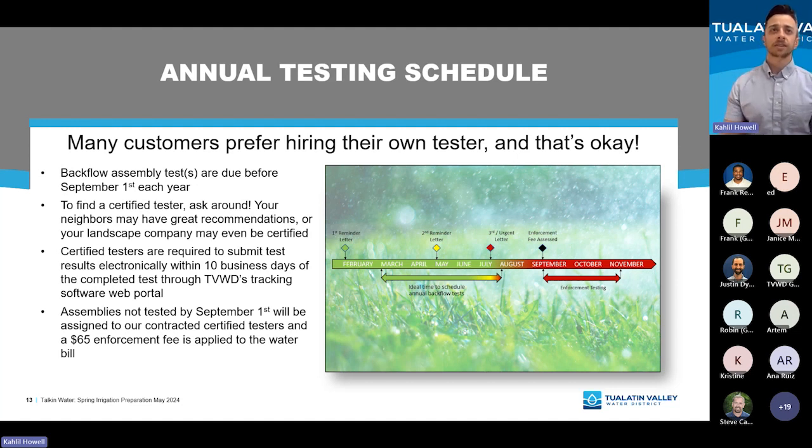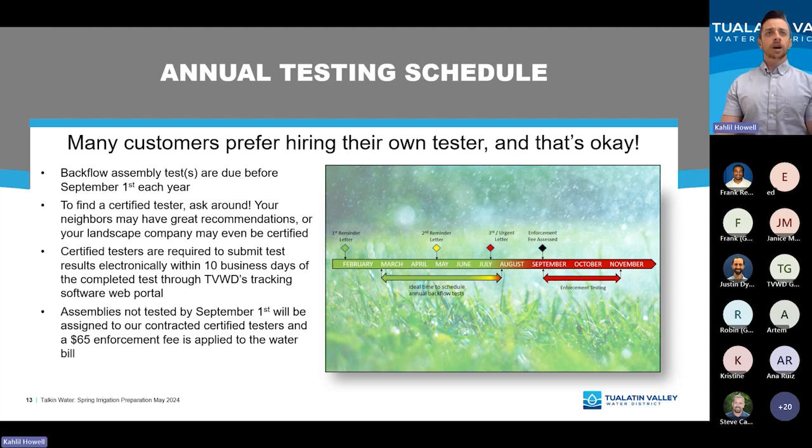To find a tester, that notice includes a website, which is a state website to local testers. However, I actually recommend talking to a neighbor or friends or family who live in the district and see if they have any recommendations. It's good to know that the tester you hire and are paying for their service, it's their responsibility to submit the test results to the district.